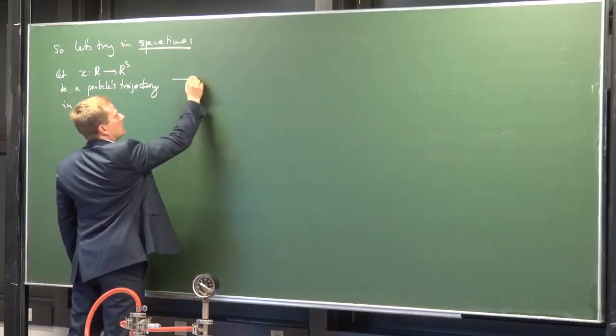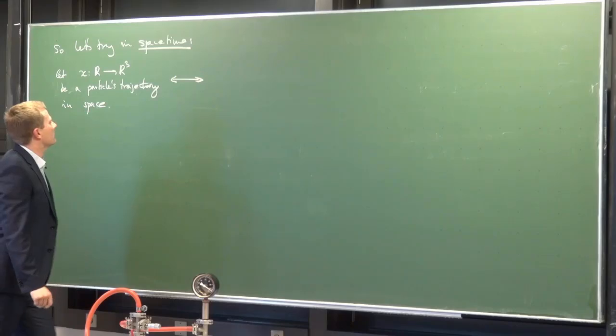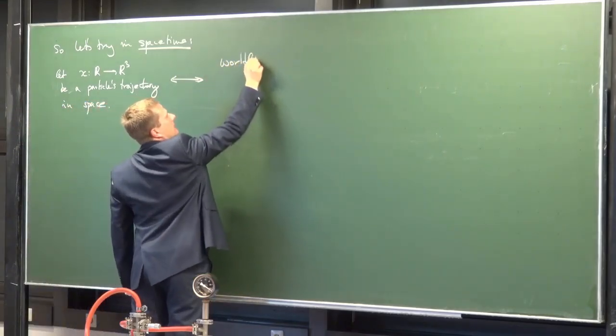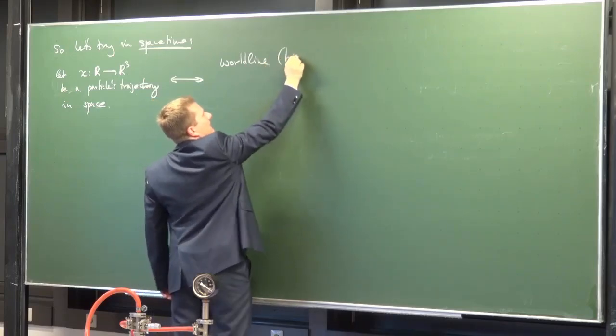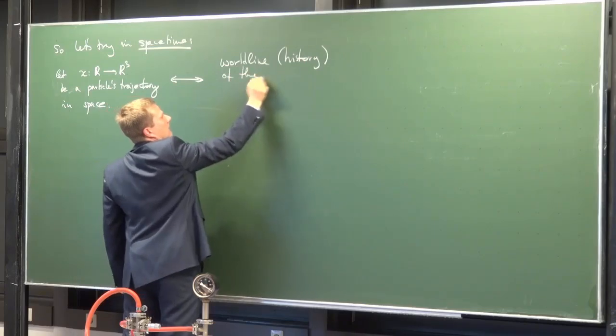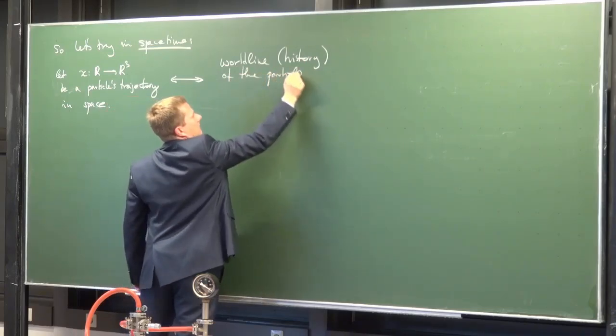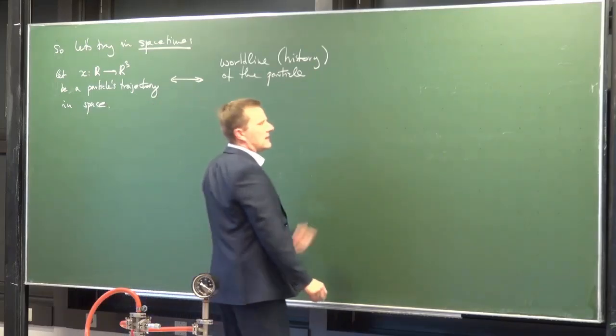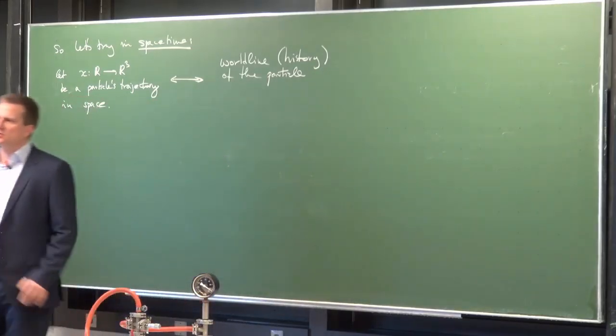And now I claim you can convert this back and forth into a world line. That's just a name, a world line. You could also call the world line the history of the particle. Because obviously, if you look at the world line of some particle, you know its entire story.